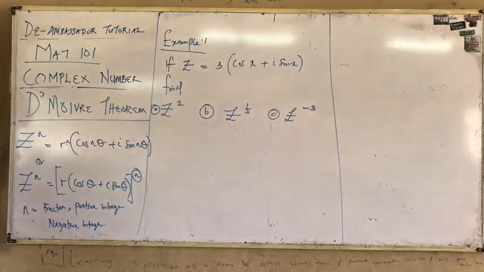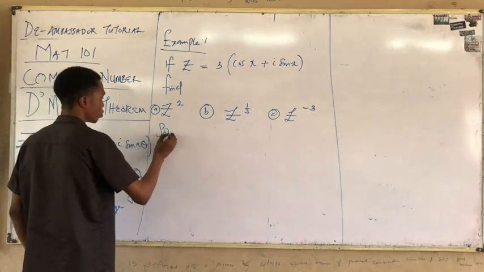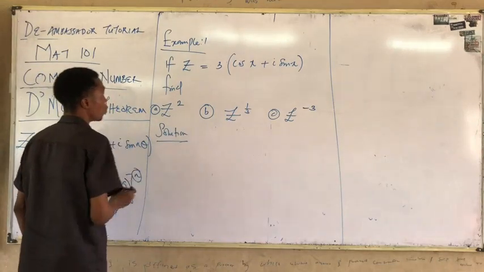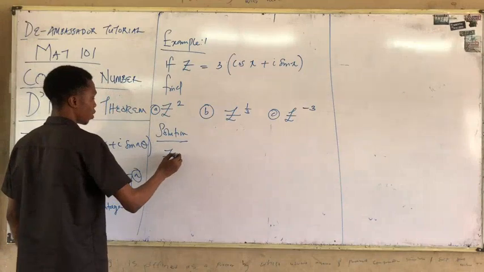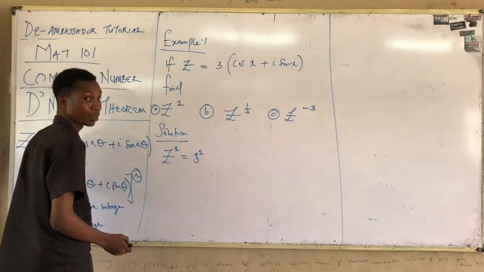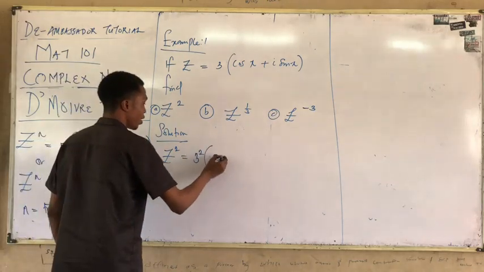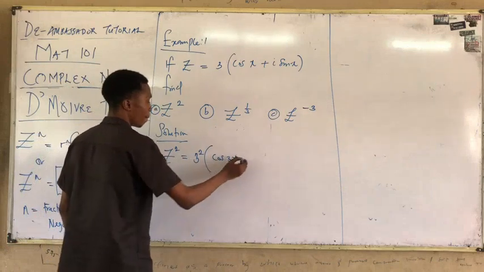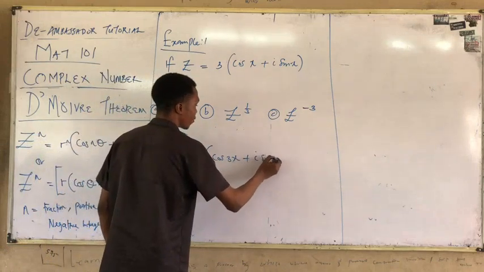According to de Moivre's theorem, what will we do? Solution. Z, which is in the power of 2, can be written as 3 squared, then cos 2x plus i sine 2x.